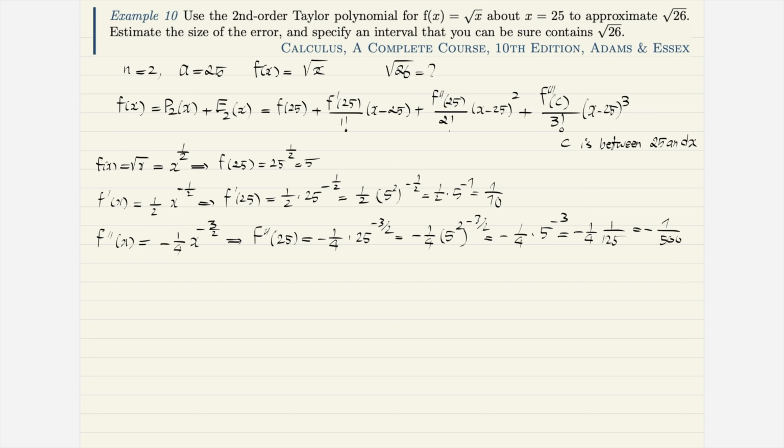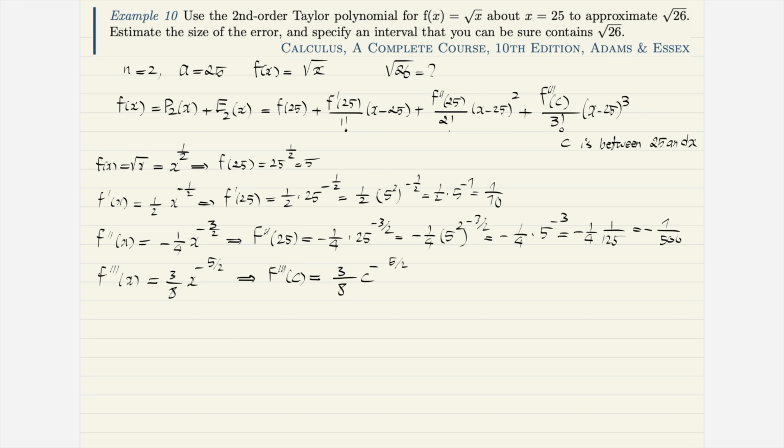And also I need f triple prime, so let me do that. This minus 3 over 2 goes down, so it becomes positive 3 over 8, x to the power one unit less. So f triple prime calculated at that c is 3 over 8 c to the power minus 5 over 2.